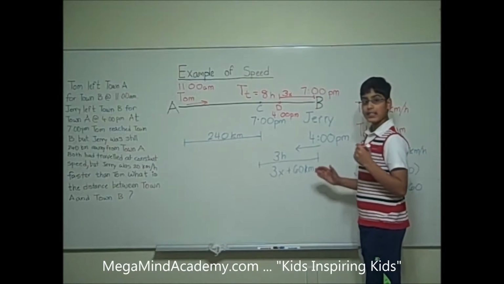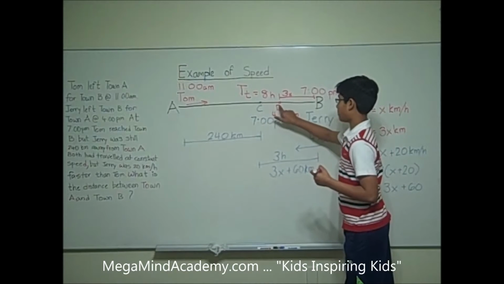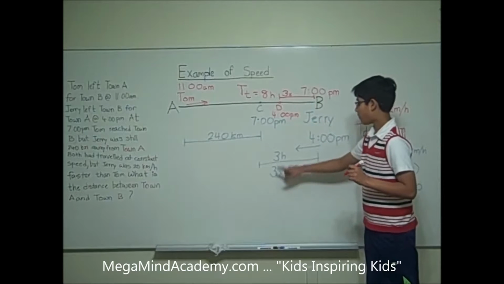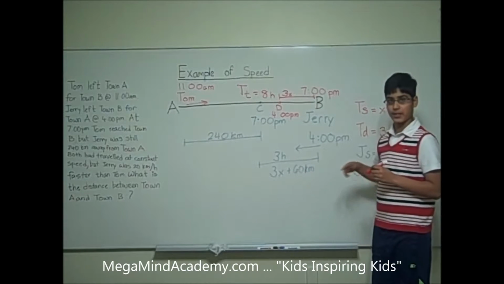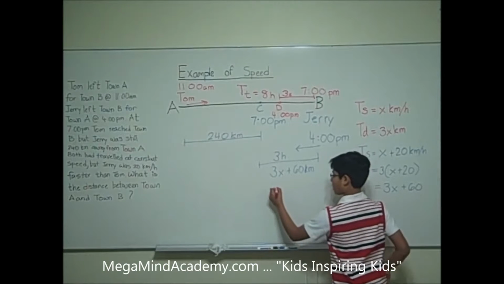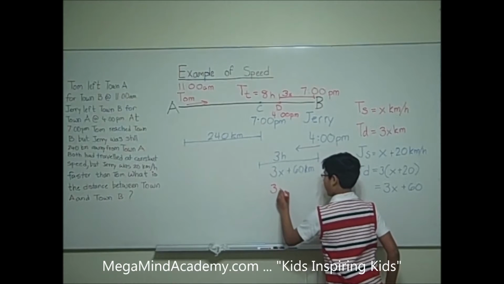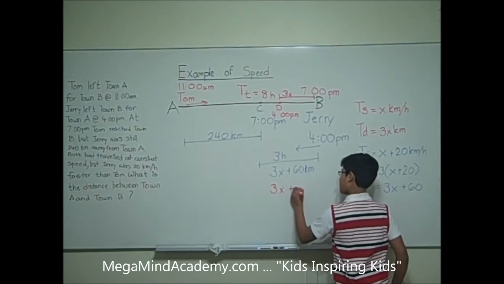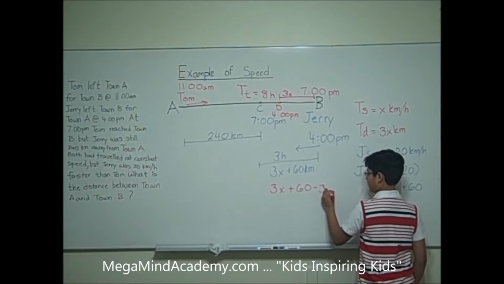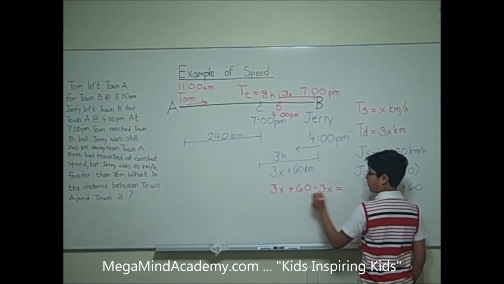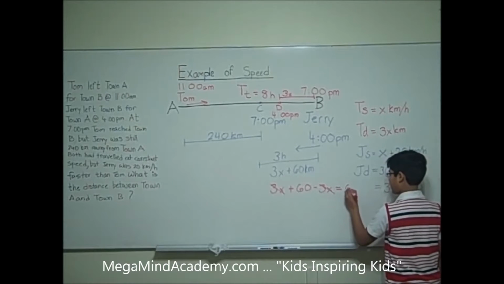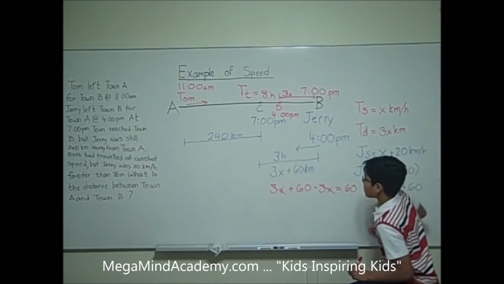So, to find the distance from town C to town D, we need to subtract 3x kilometers from 3x plus 60 kilometers, which is 3x plus 60 minus 3x. 3x cancels out with 3x and we get 60 kilometers.